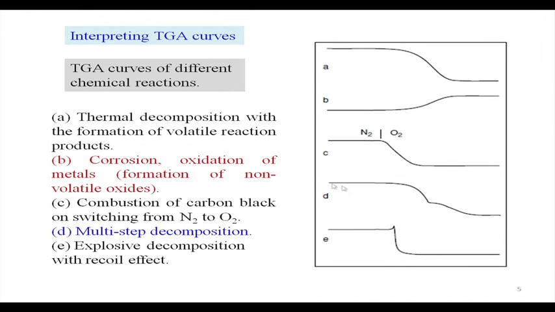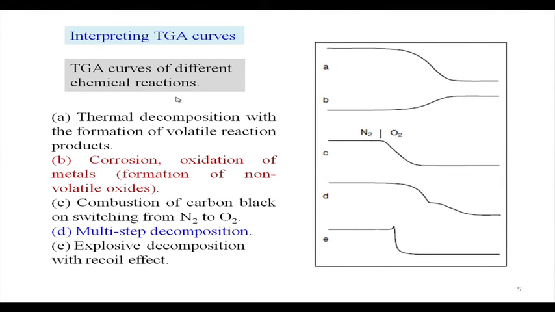Slowly, one by one, the first one is for thermal decomposition with the formation of volatile reaction products, which we have already seen in different cases. If we give you this particular plot, you should be able to tell what is happening, and if different options are given, you should be able to tell that this weight loss is there. And why do we say volatile reaction products?